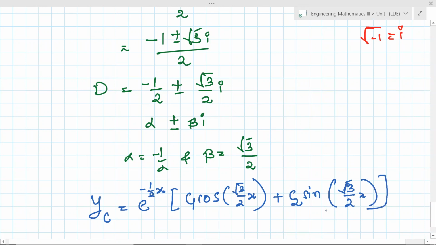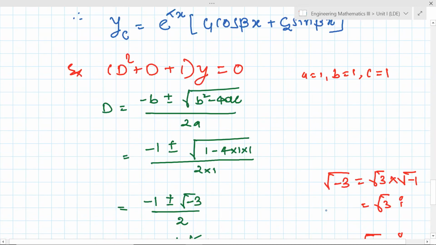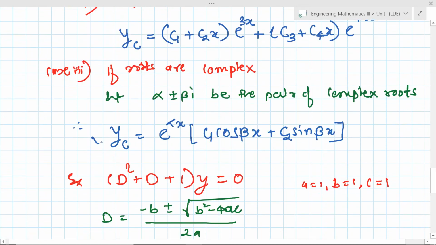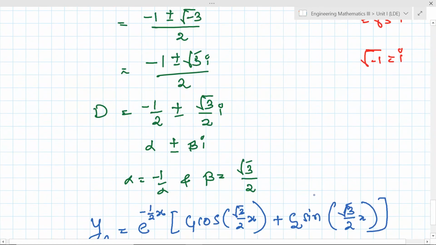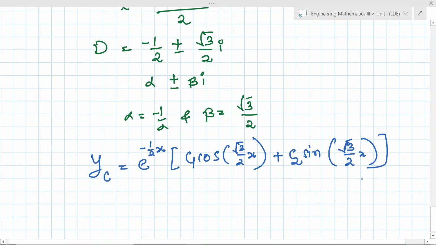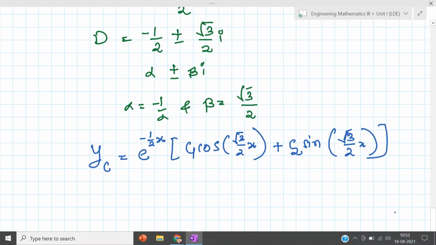That's it, this is my complementary function. I have just replaced the values of alpha and beta, which come from the roots of the auxiliary equation, alpha plus beta i and alpha minus beta i. Hope you have got this.